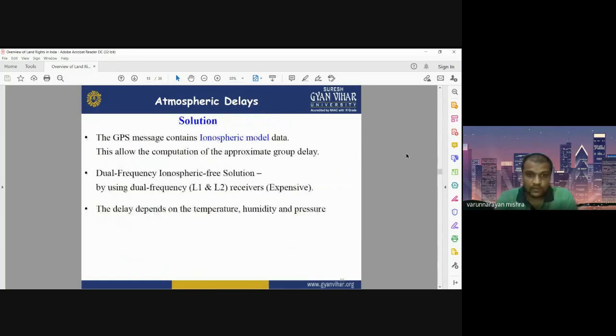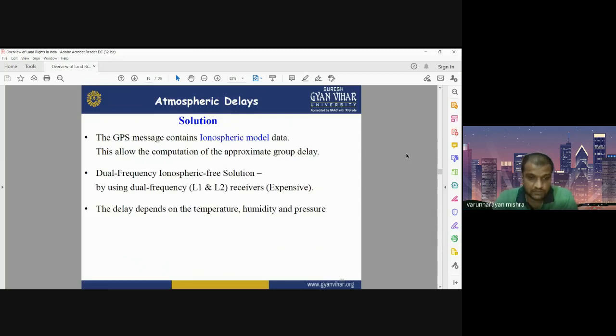So the solution for this kind of ionospheric delay is using dual frequency receivers. When we use a single frequency receiver, it is highly affected by the ionosphere, the troposphere and the concentration of the electrons in the upper atmosphere. To avoid this problem, we can use dual frequency receivers.